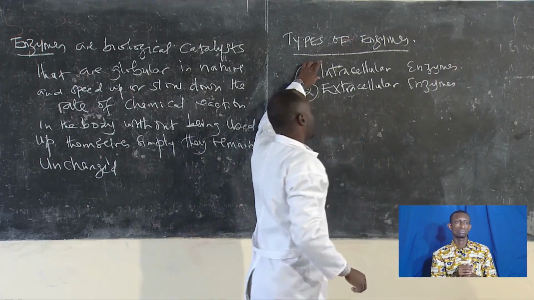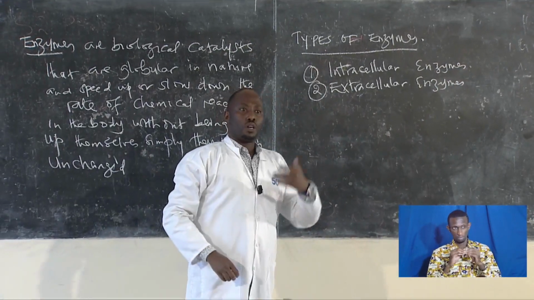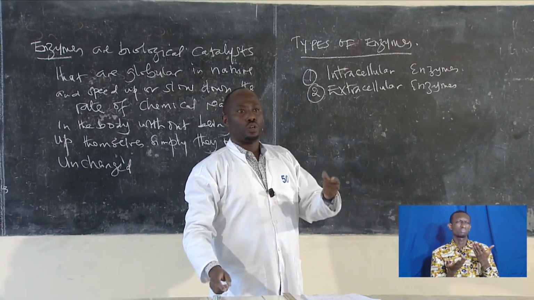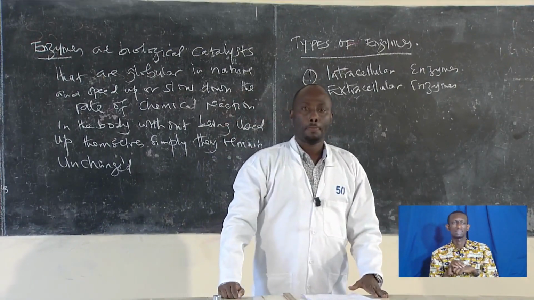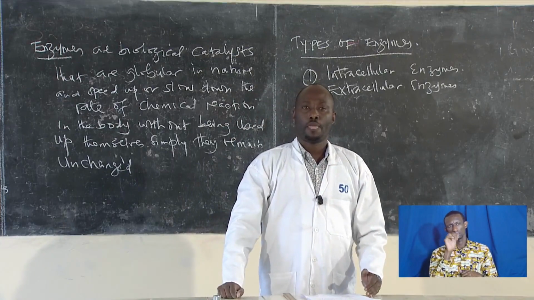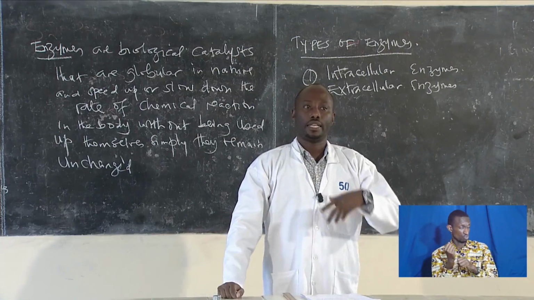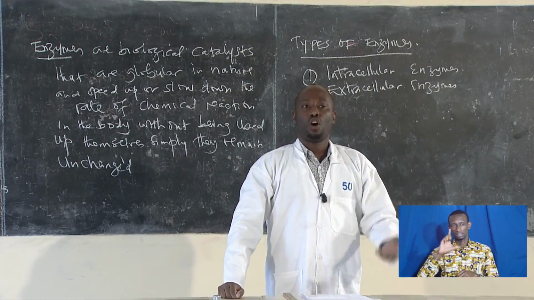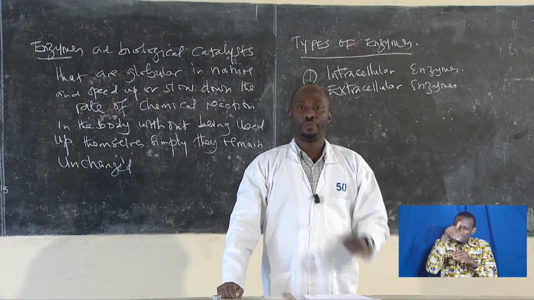So let me start with the intracellular enzymes. Most of the enzymes are normally produced by the cells. And once they are produced by the cells, they can work inside the cell, or they can work outside of the cell.